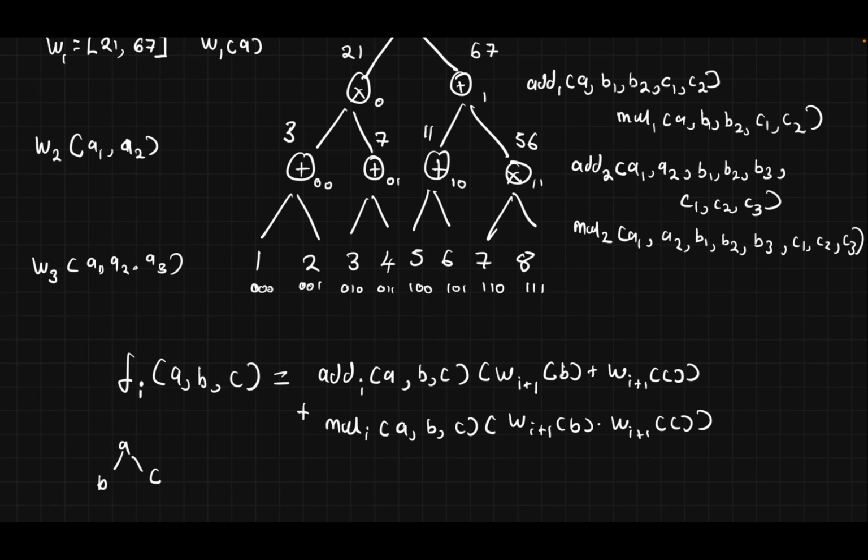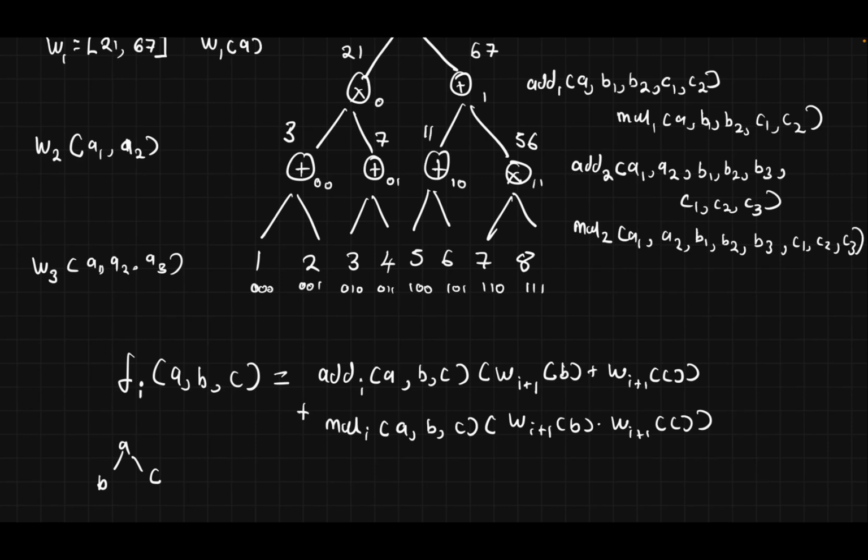Then if it does find that connection, it's going to figure out the type of gate that A is. If A is an add gate, then it adds the values of B and C and returns that to you as the output. But if A is a multiplication gate, it's going to multiply those two values and return that to you as the output. Does that make sense?